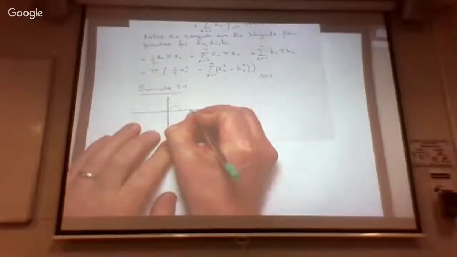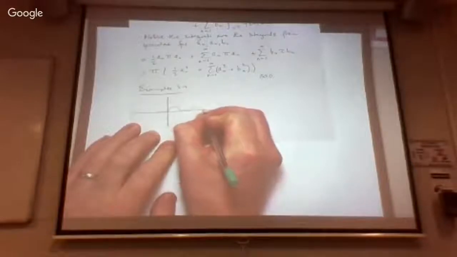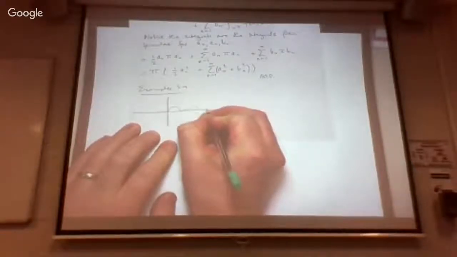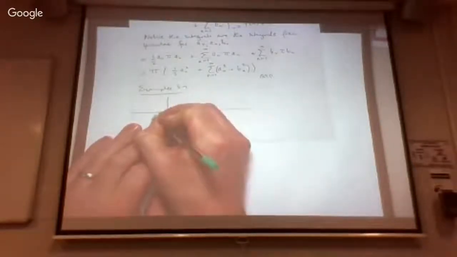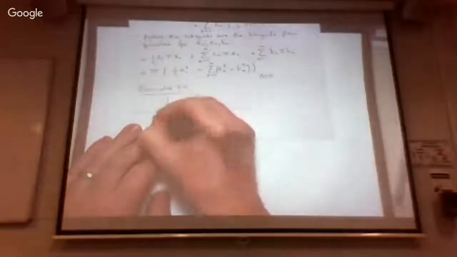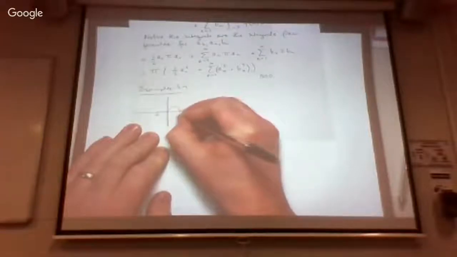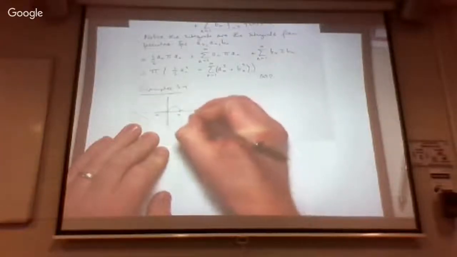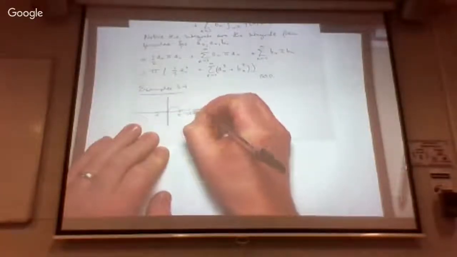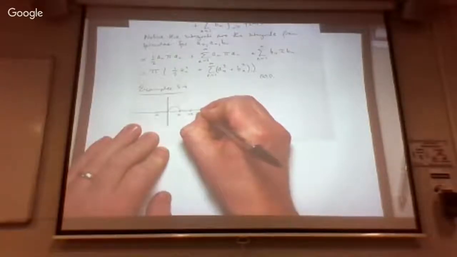So it'd be 0, and then the sine function, and then 0 and then the sine function. The points on the axis would be minus pi, 0, pi, 2 pi, 3 pi, and so on.